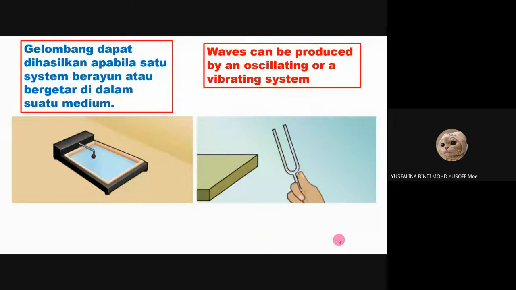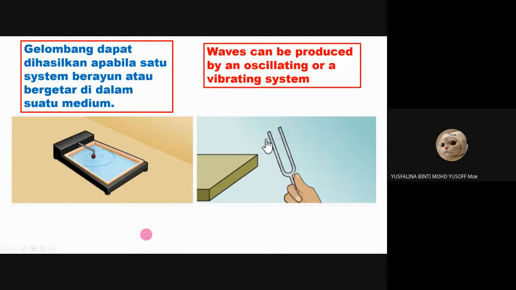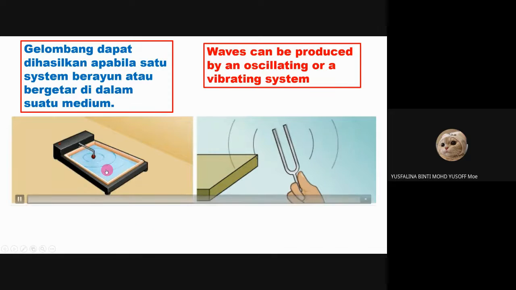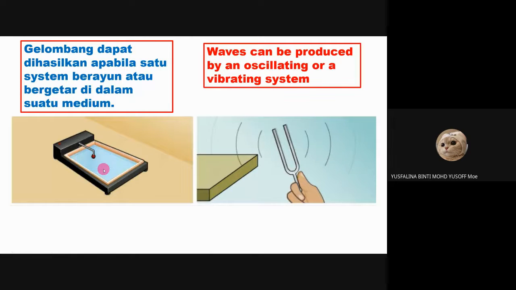Next part, it says here a wave can be produced by an oscillating or vibrating system. So it's produced by vibrating.